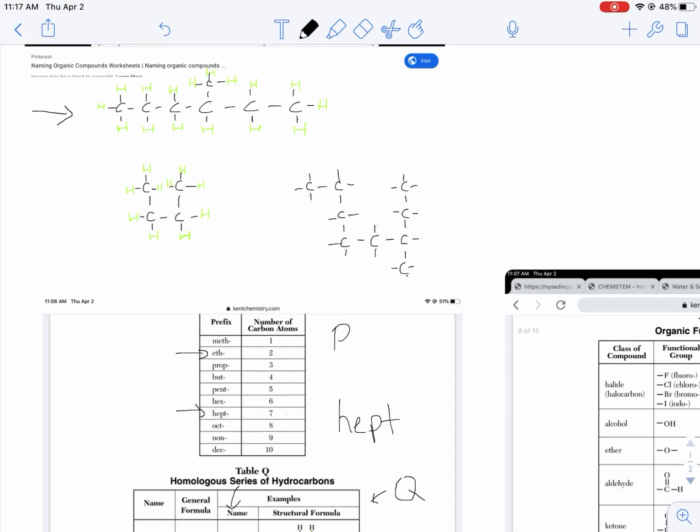Since there are so many hydrogens on this drawing, a lot of times people simplify them and they just get rid of all of the hydrogens and just leave an empty stick. An empty stick signifies to us that these are hydrogens.